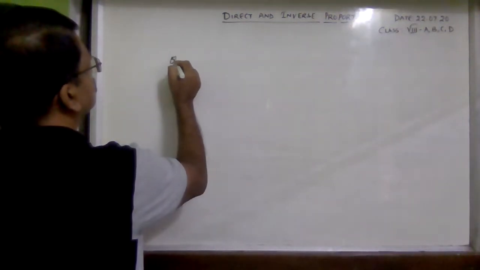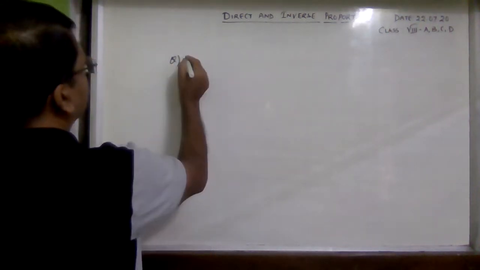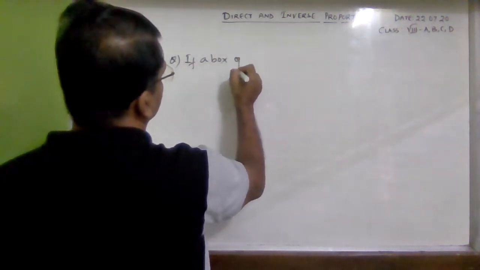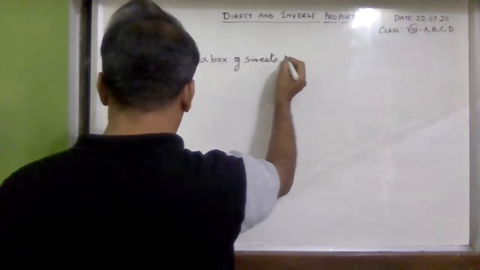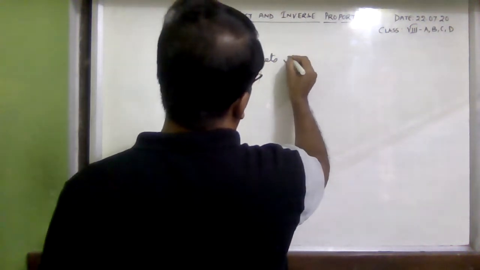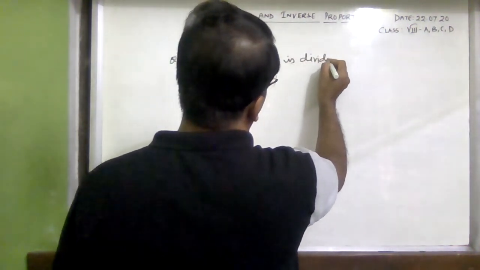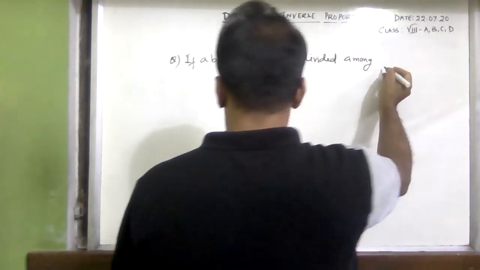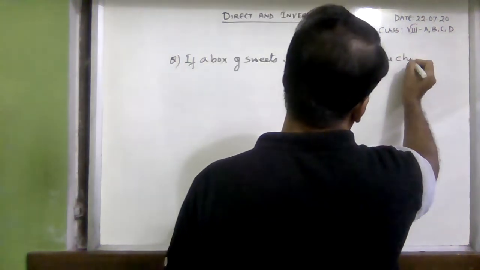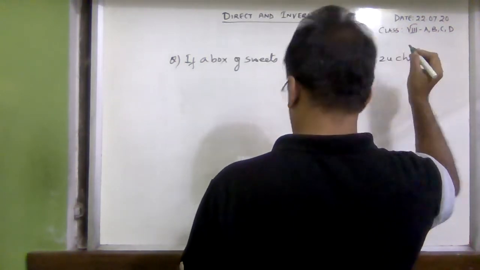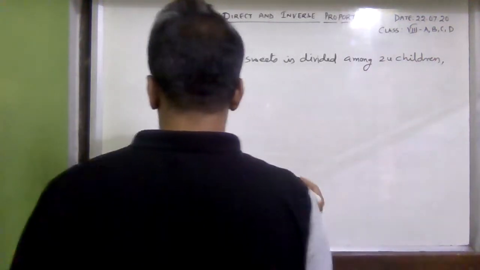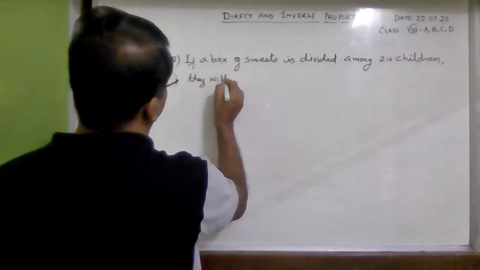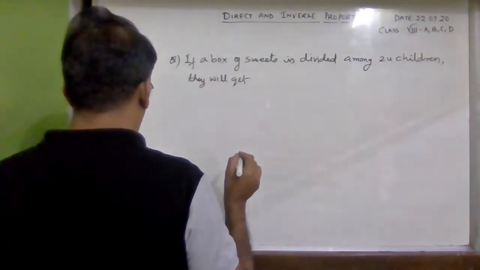Next question. If a box of sweets is divided among 24 children, they will get 5 sweets each.